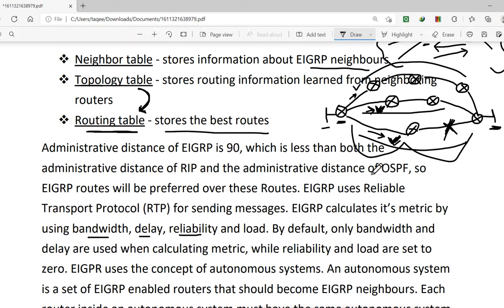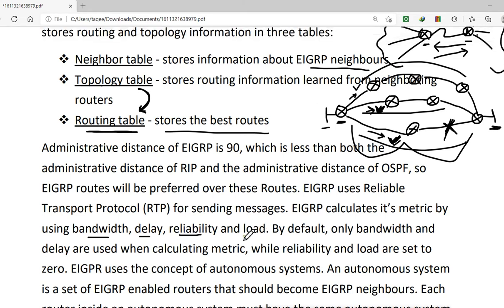Not all links are reliable. Sometimes some links are flapping, coming and going, getting down and up, so it will not take that path. Then it can also check the load, that is, how much load it can put on that link.